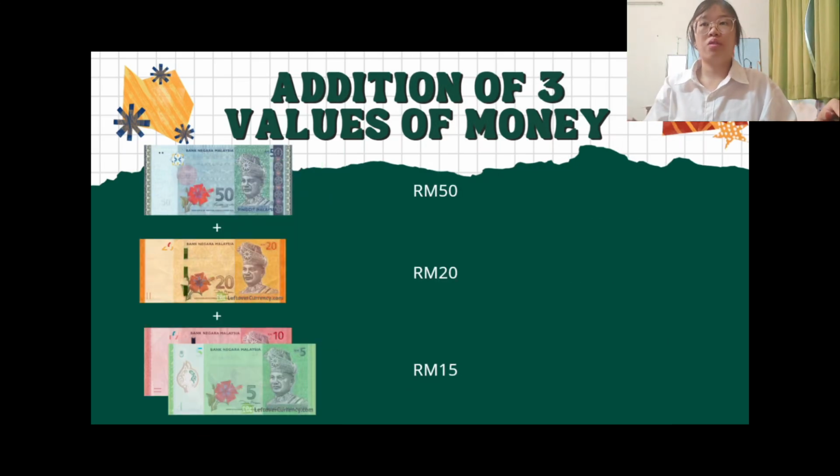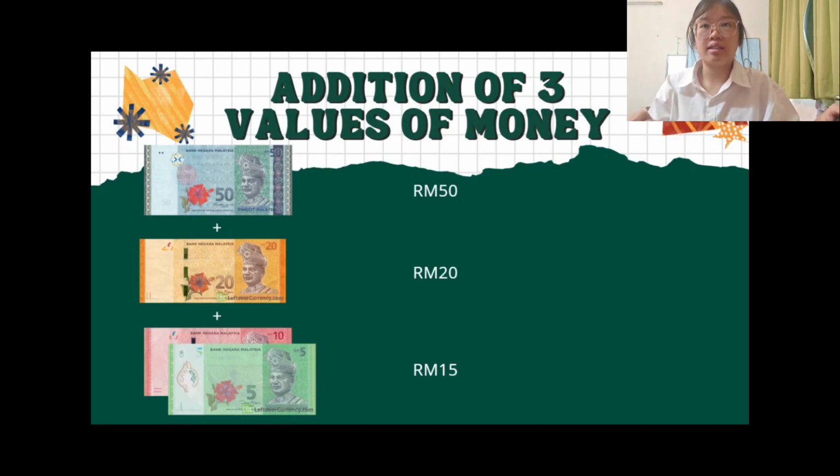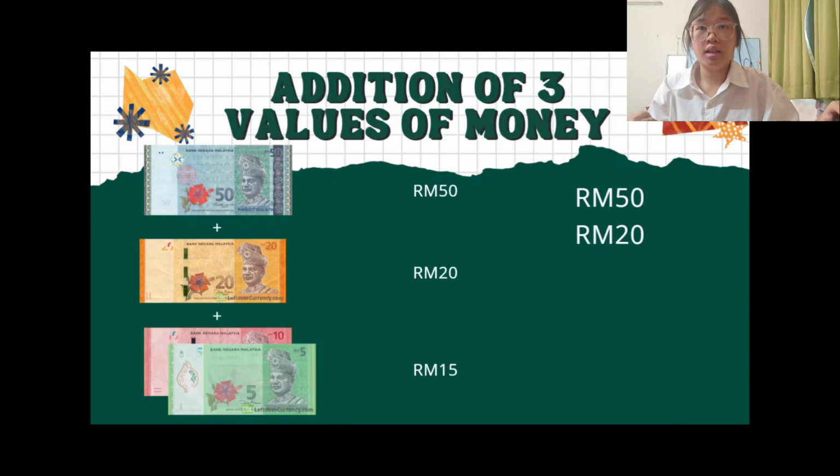Now, let's move on to the next section, which is addition of 3 values of money. As we can see, we have 3 values of money, which is 50 ringgit, 20 ringgit, and 15 ringgit. So we have to write RM50, RM20 plus RM15, and we need to sum it from the right to the left.